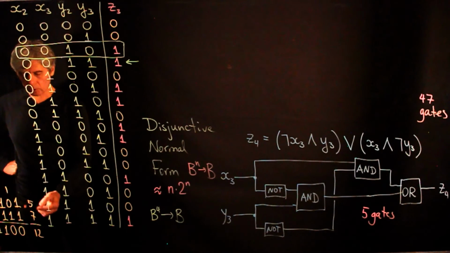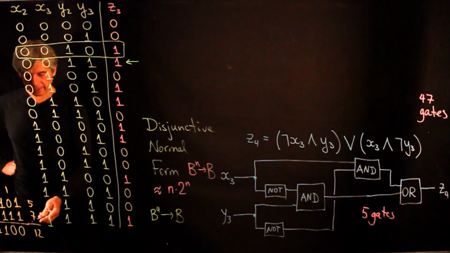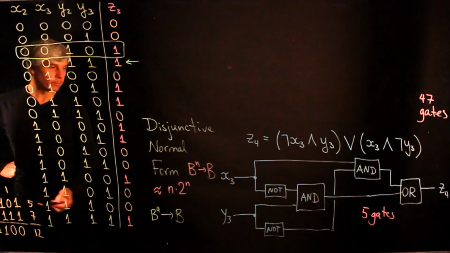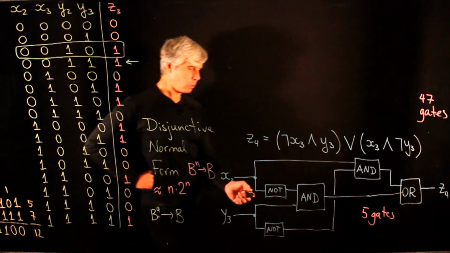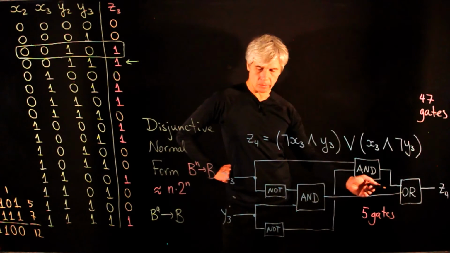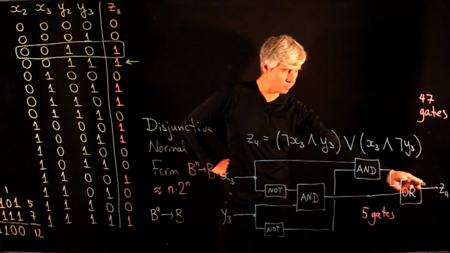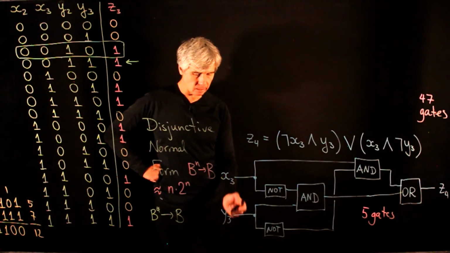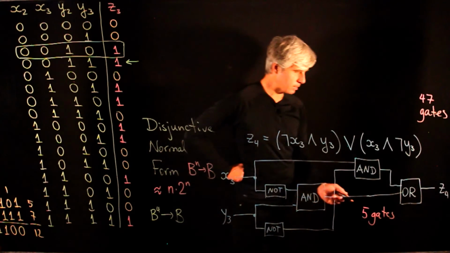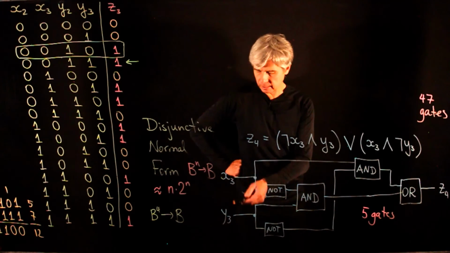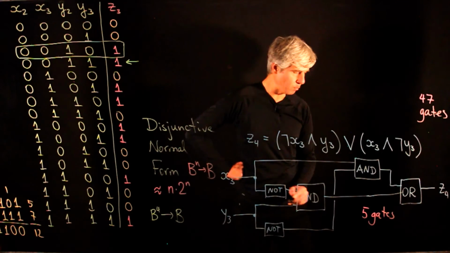In this method, we use 2 elementary operations. One is addition mod 2, and the second is a carry. Addition mod 2 is actually implemented here. When we compute the value of Z4 using X3 and Y3, this is nothing but addition of X3 and Y3 mod 2.